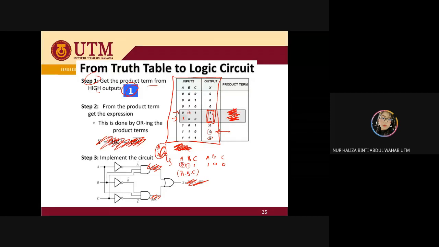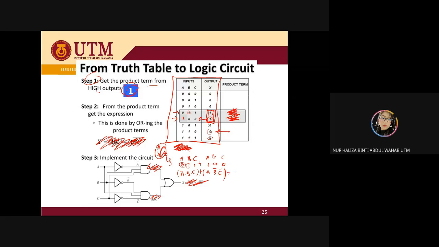Now you have another one, which is after you multiply all, you add another possibility of 1, which is this condition 1, 0, 0. 1 will remain as A, 0, 0, you will put the bar.